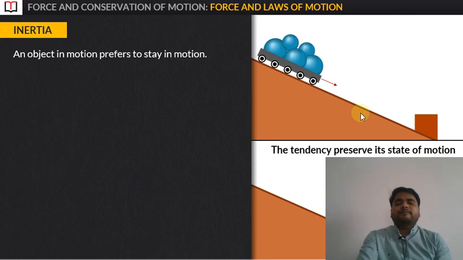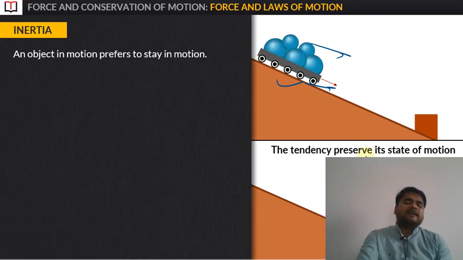Now here we can see in this diagram, the object in motion prefers to stay in motion. So here we just left a certain object on an inclined plane. Then what will happen, this object will keep moving in a downward direction. When it hits this wall, then what will happen?